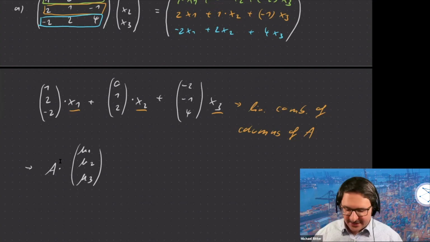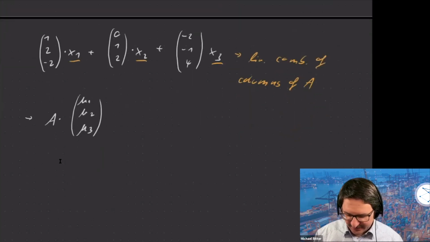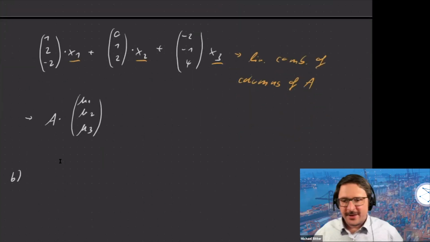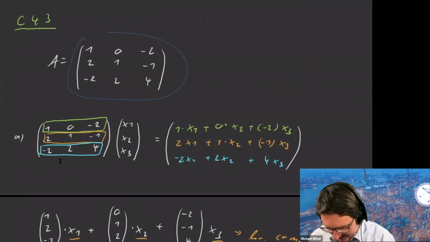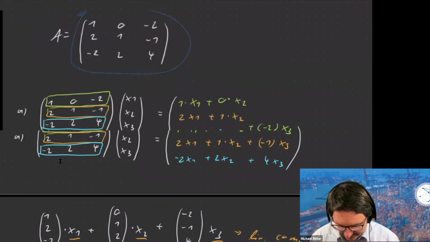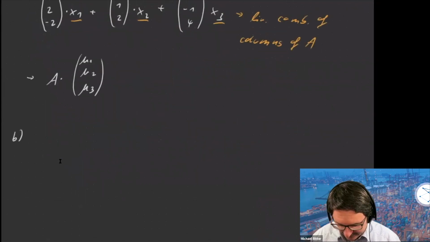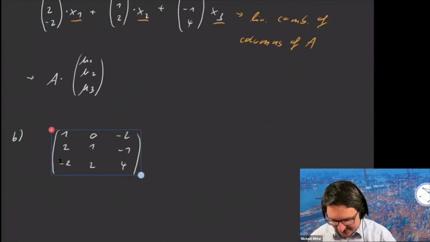Let's do the rows next before we take questions. Rows work in a very similar way. Again, we want to have A. Let's copy that somewhere. So this is our matrix A here.